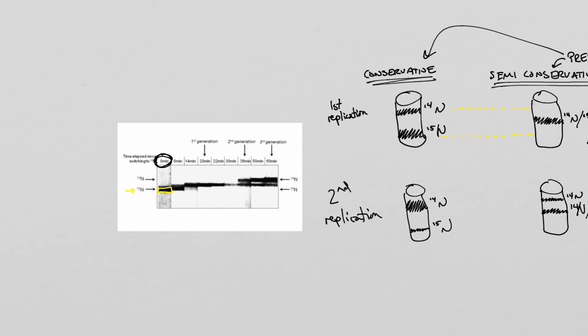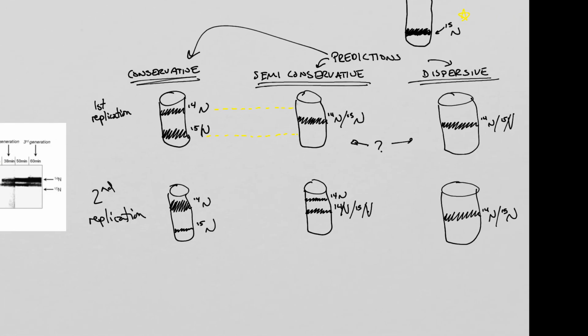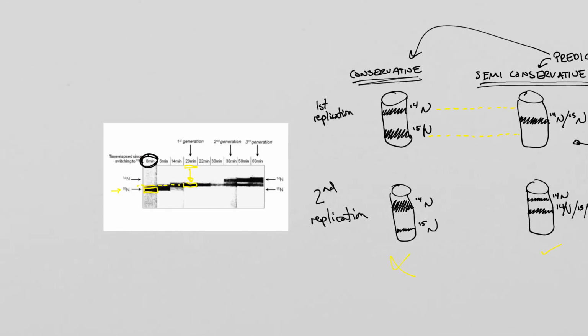So bacteria can reproduce really quick. So after 20 minutes, they pulled out a sample of the DNA and they spun it around. And so at 20 minutes, right here, we get our first generation. And you can see that this line is right in between the 14 and 15, which means that that axes out our conservative replication, and our answer is either that it's going to be semi-conservative or dispersive.